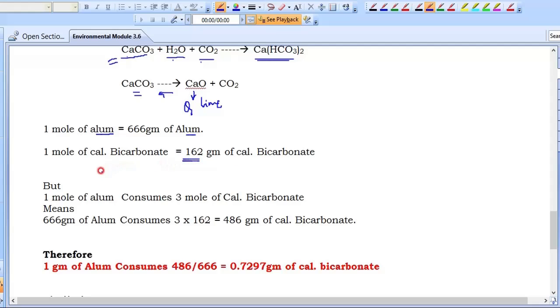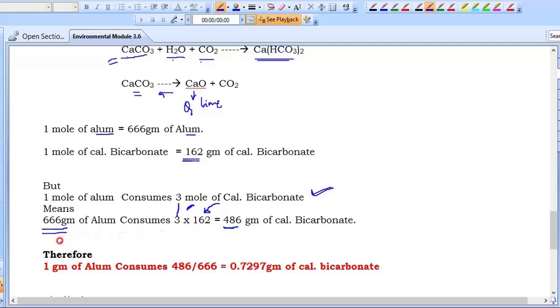Understood? Calcium bicarbonate. But 1 mole of alum consumes 3 moles of calcium bicarbonate. Who said this? The equation tells us that 1 mole of alum consumes 3 moles of calcium bicarbonate. Now 1 mole of alum means how much? 666 gram of alum consumes 3 moles of calcium bicarbonate, that is 486 gram.